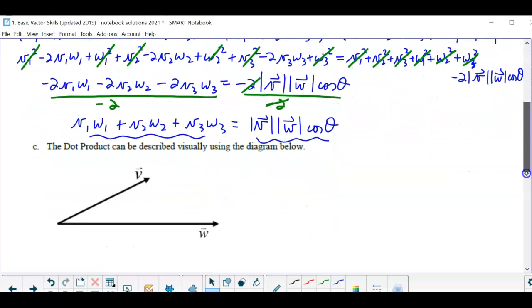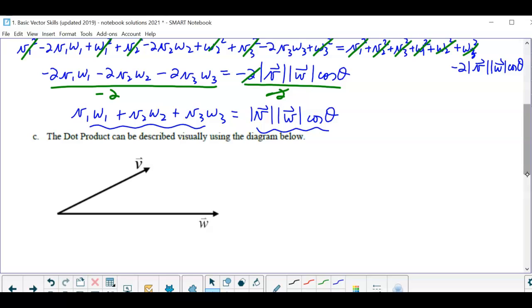Okay, now looking at the visual representation, in this case two vectors are shown, v and w, different ones from last time. Now w is the horizontal. Really what the dot product is, it's kind of like force in science. If you draw a perpendicular from v onto w, the vector that's formed here is called the projection of v onto w.